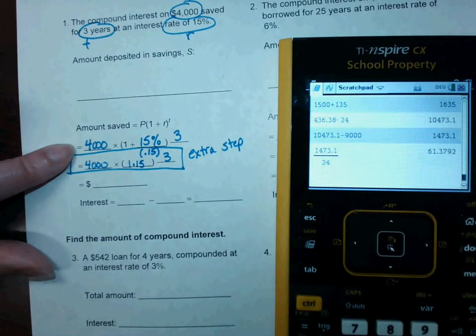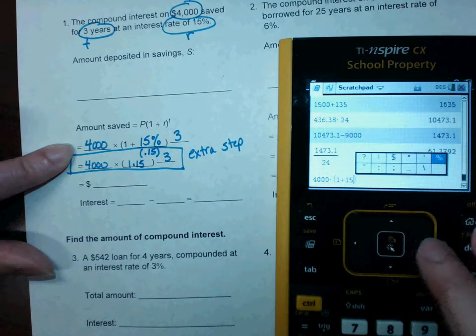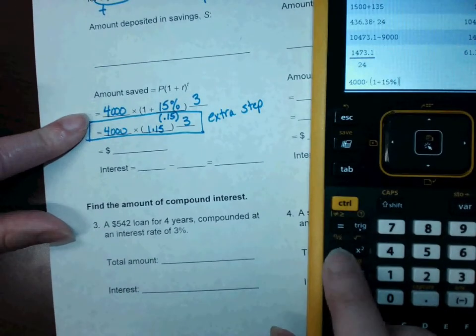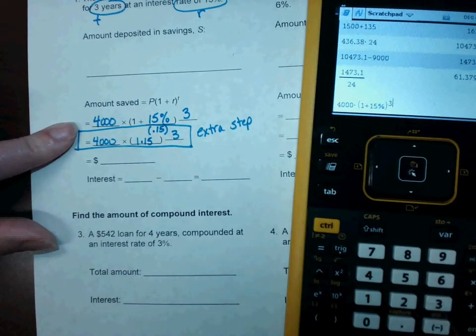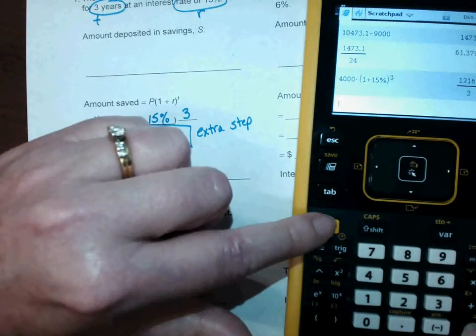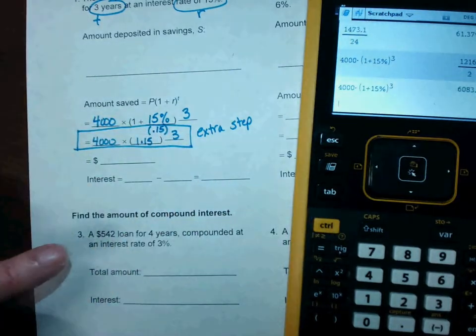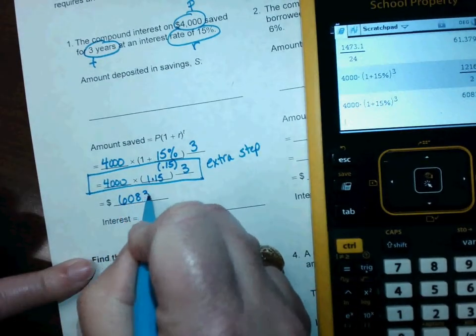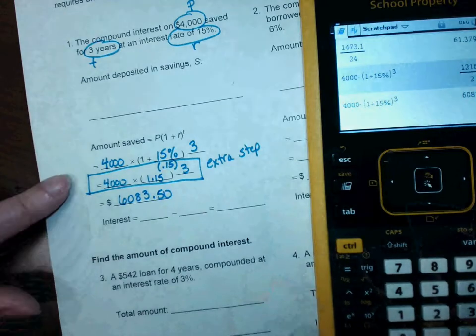So from here, I can do 4,000 times parentheses 1 plus 15%, and then get out of the parentheses and do an exponent. So I'm going to use this key right here, exponent of 3. So the total amount in the account is $6,083.50.